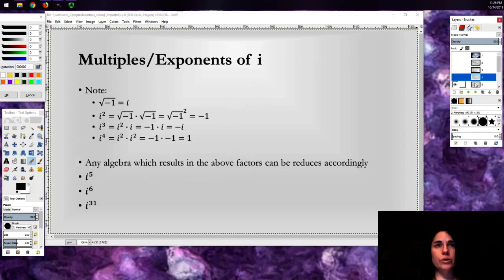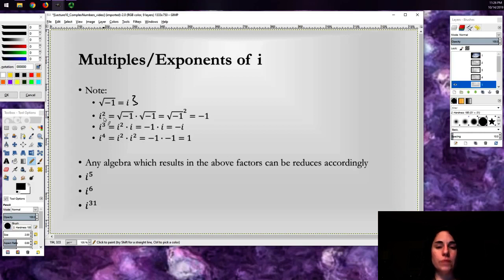We're going to move forward to multiplying them, and what I need to talk about here is factors or multiples of i, exponents of i. And so what I'm going to remind you is that we define i to be the square root of negative 1. We're going to keep that in mind as we move forward and evaluate the rest of these terms.